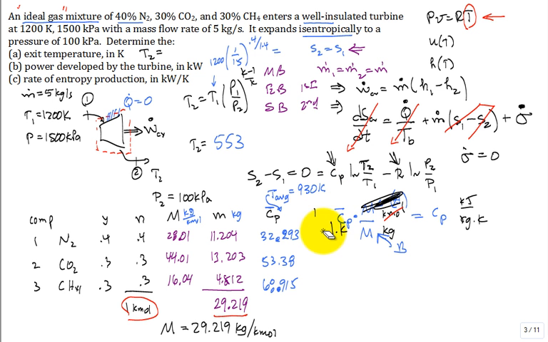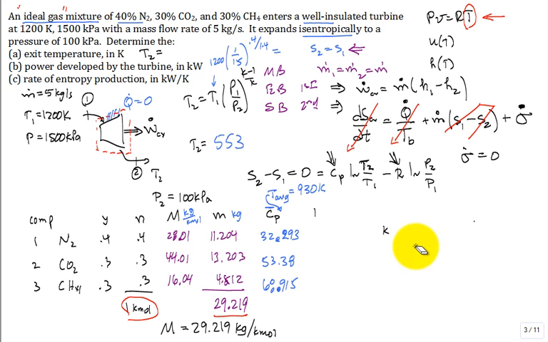All right, so what we do is we put a column of C sub P there, okay? And how do I get that C sub P? I take the C sub P bar and divide by molar mass. Let me put in some numbers here.